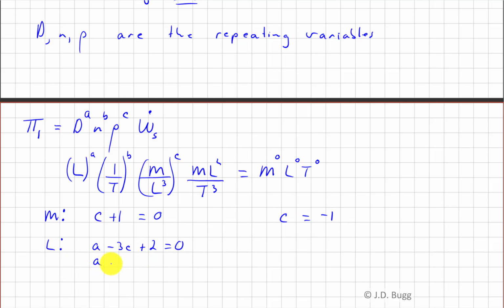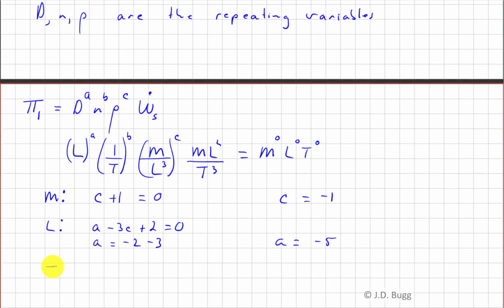So this A is going to be equal to, moving this 2 over here is minus 2, moving minus 3C over the other side becomes plus 3C. However, this is negative, so this is minus 3, so A is equal to negative 5. Last one is T. Again, just adding up the powers, no T there. There's a minus B, no T here. Here's a T cubed, so minus 3 equals 0. So B is equal to minus 3. So we have our three unknown exponents that we've found there.